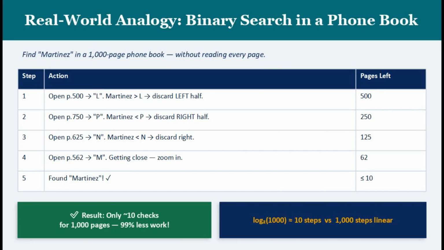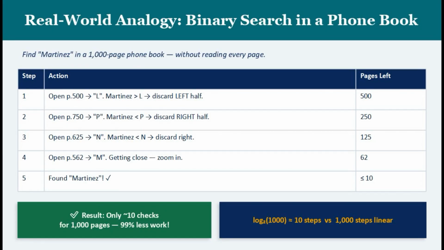You repeat. Open to the middle of what remains. Page 750. Names start with P. Martinez is before P, so you throw away the right half. Each step, you halve the remaining pages. After just 5 steps, you have gone from 1,000 pages down to fewer than 10. That is divide and conquer in action.